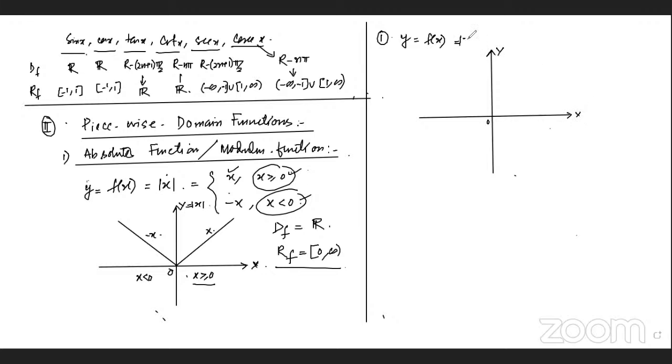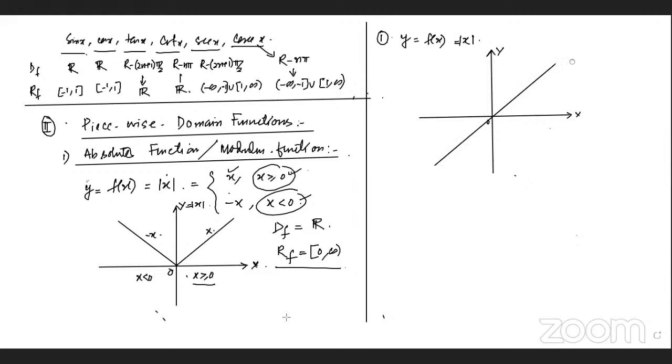Suppose we had a function like this. Removing the mod, what is there inside is x, so y is equal to x. It is the equation of a straight line passing through the origin, like this, isn't it?